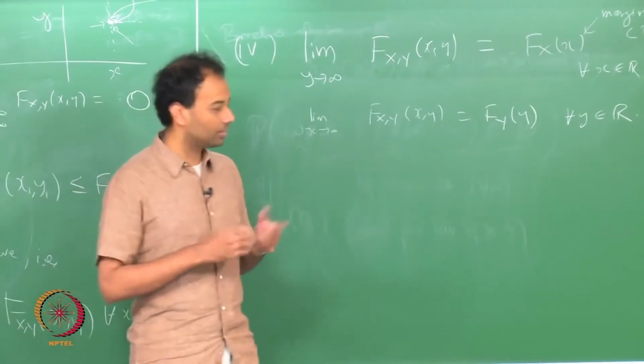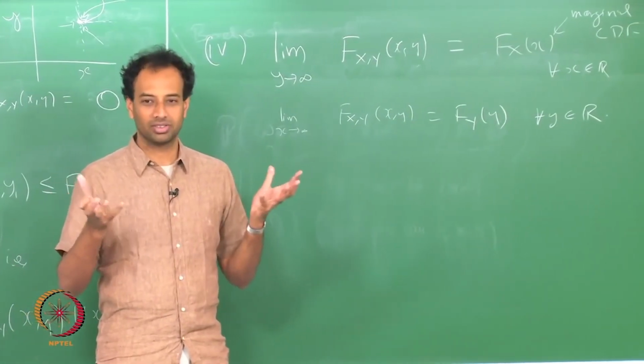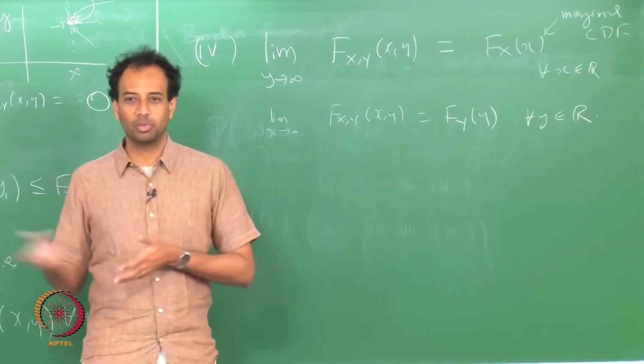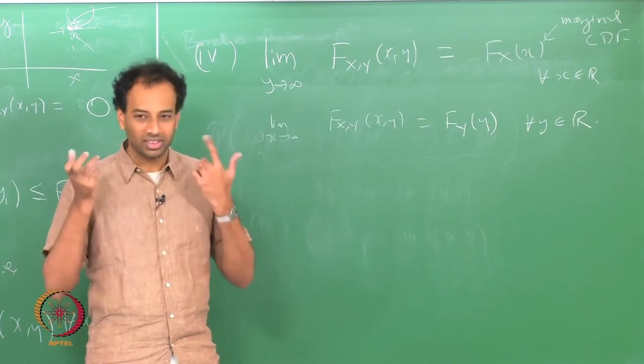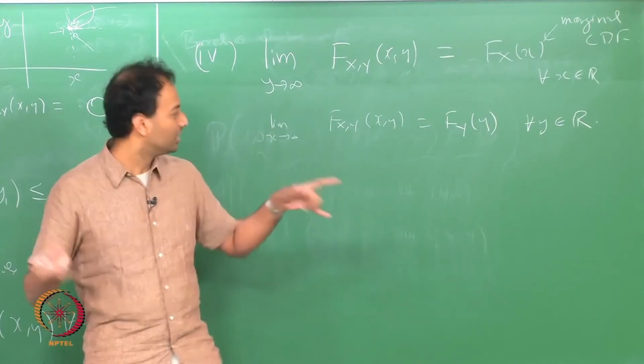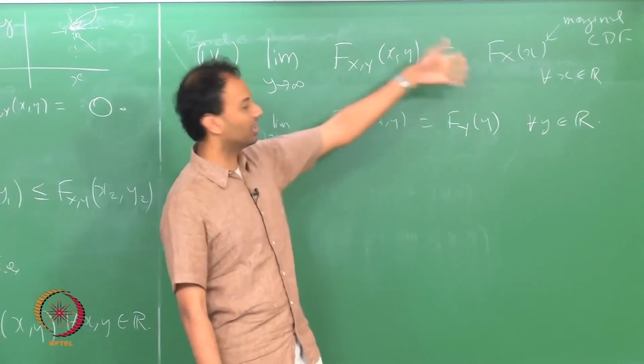You can show this by counterexample: you can take two marginal CDFs corresponding to two different joints. If you can construct even one such example, you have proved that given the marginals you cannot reconstruct the joint, but of course given the joint you can reconstruct the marginals.